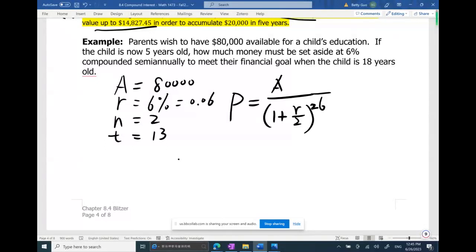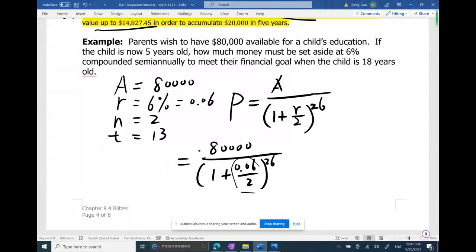And let's plug in the values we have: 80 grand all over 1 plus 0.06 over 2 to the power of 26. By the way, you already know 0.06 divided by 2 is 0.03, right? Of course, you can just use 0.03 in a calculator.